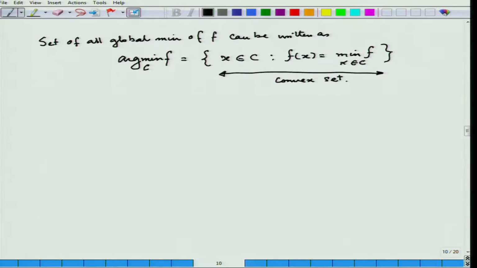How will you prove this? Of course, you can use convexity of F and try to prove this, which is very simple. The other way to look at it is, if the function is differentiable, what would happen?